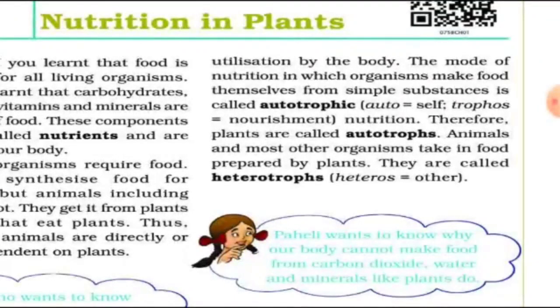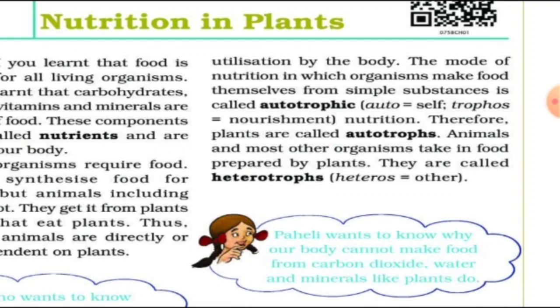The mode of nutrition now. There are two different kinds of mode of nutrition. Let us know now. Organisms that make food themselves from simple substances have autotrophic nutrition. Auto means self, trophs means nutrition. Therefore, plants are called autotrophs. Coming to the second mode of nutrition, animals and most of the other organisms take in food prepared by the plants.